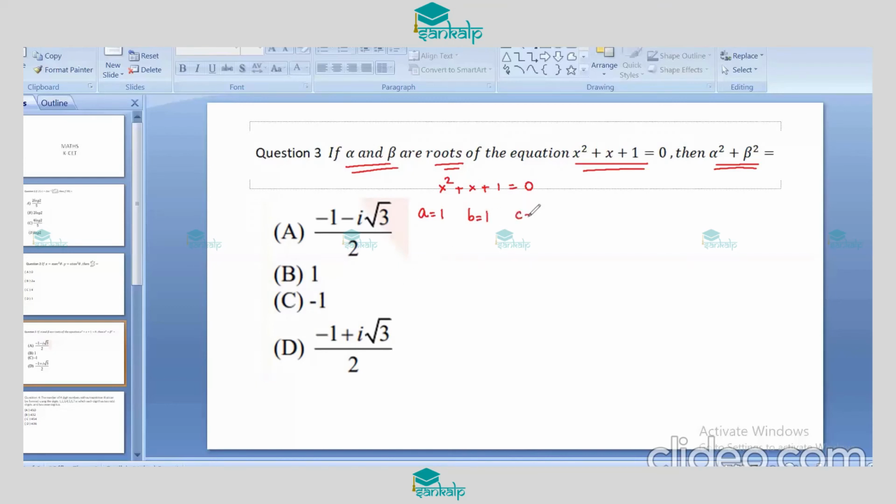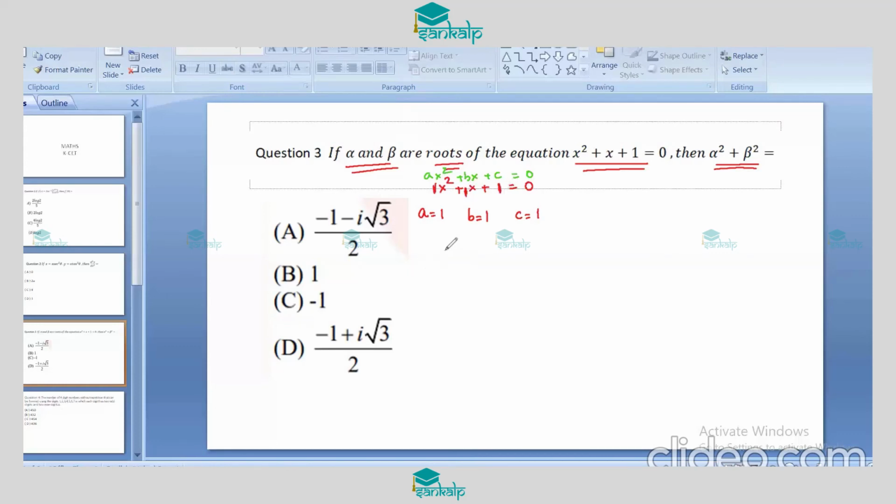And c, the constant, is 1. Because this equation is looking like ax square plus bx plus c equal to 0. It's looking like a quadratic equation. So I have taken a as 1, b as 1, and c as 1.